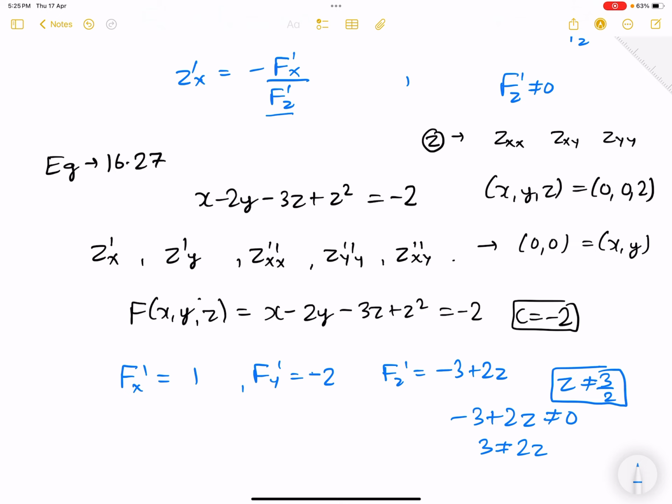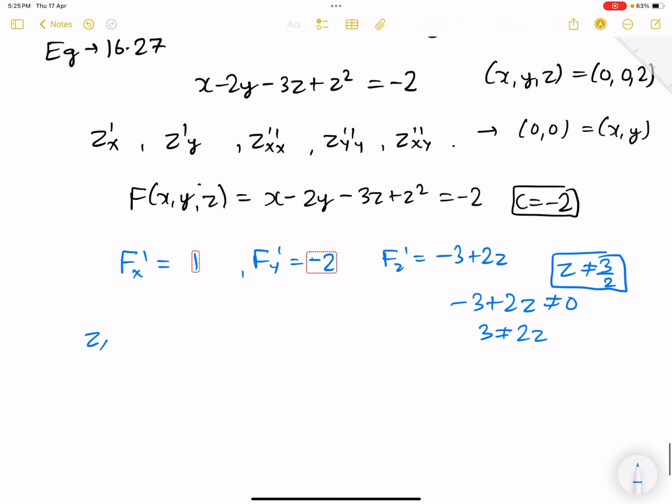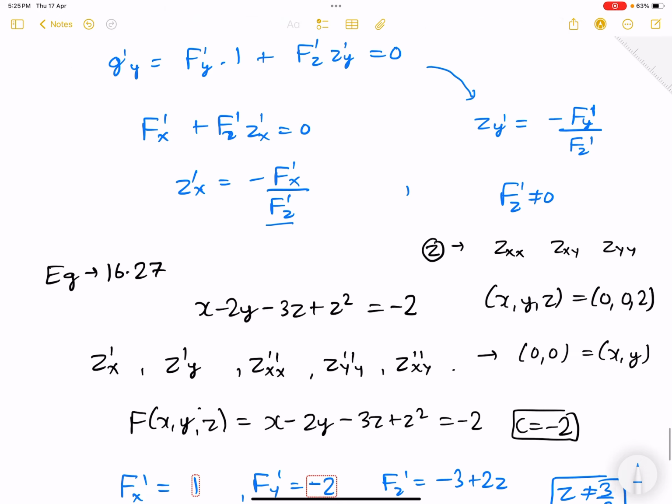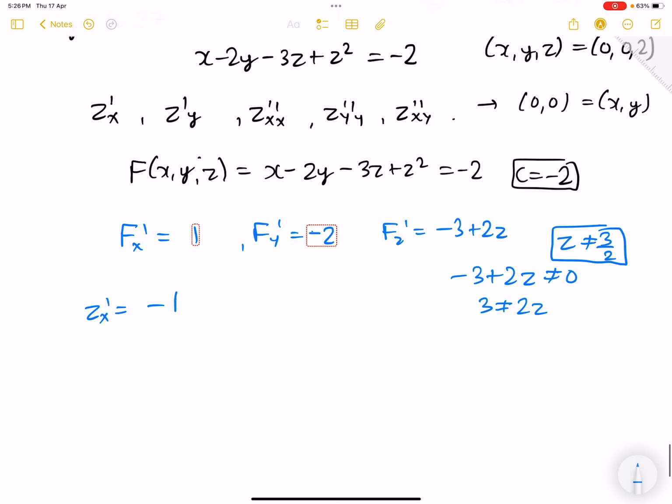Then we can use the above formula. So z'x, what was its value? Minus f'x upon f'z, this is coming out to be minus 1 upon 2z minus 3.